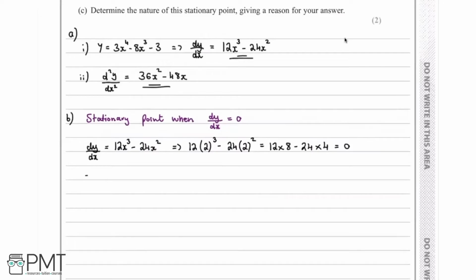So therefore, at x equals 2, dy by dx is equal to 0, which means that x equals 2 is a stationary point.